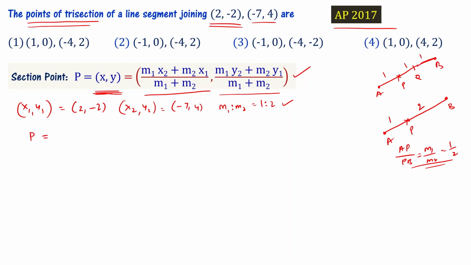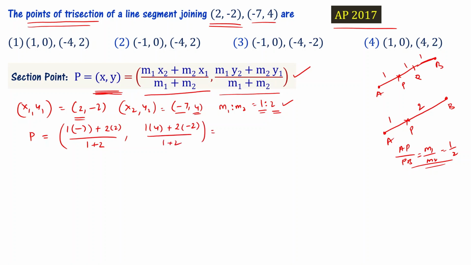P is going to be m1 x2, that is 1 times minus 7, plus m2 x1, that is 2 times 2, divided by 1 plus 2, comma, m1 y2, that is 1 times 4, plus 2 times minus 2, divided by 1 plus 2.